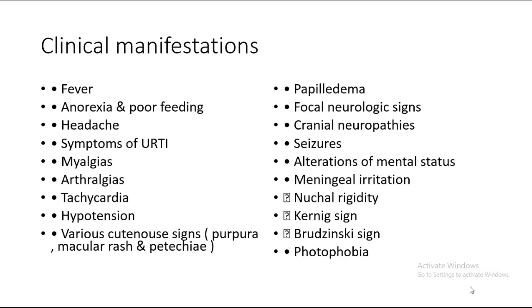Let me remind you with the clinical manifestations that some of these manifestations are age dependent in their expression. This is important. Not every child can say or express headache or photophobia or myalgias and arthralgia. In younger children, the important presenting features are fever, decreased feeding, altered mental status.